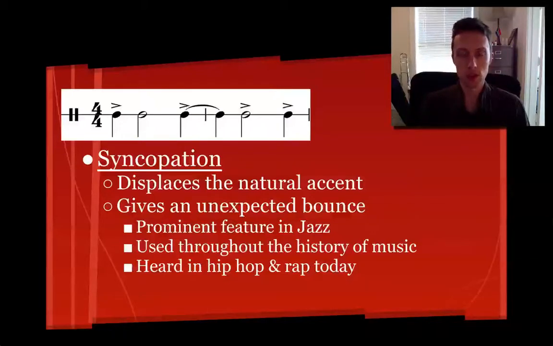And we're going to listen to some examples of this in class. But yeah, it's especially heard in rap and hip-hop today. That's what rappers do, they use syncopation all the time to create that sort of feeling of flow and that sort of offbeat, interesting rhythm. So syncopation is displacing the natural accent and putting those accents on what we call weak beats.